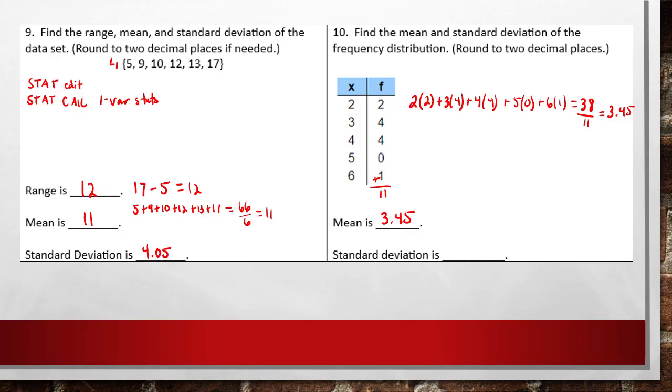This time though, since we have a frequency table, you're going to put these for L1 and these ones for L2. I'll give you a minute. If there's any other data in there, you can type over it. If you have more than you need, just delete it.